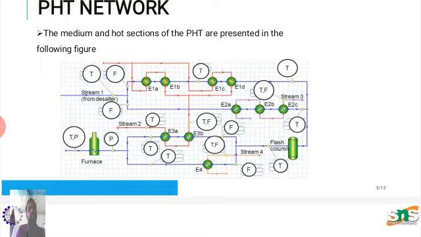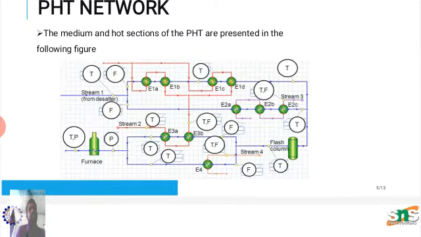The crude enters the desalter at around 110 degrees and its temperature is raised to 150 degrees Celsius via exchangers E1 to E2. The crude passes through the flash tower and is then heated to 205 degrees Celsius before entering the furnace.